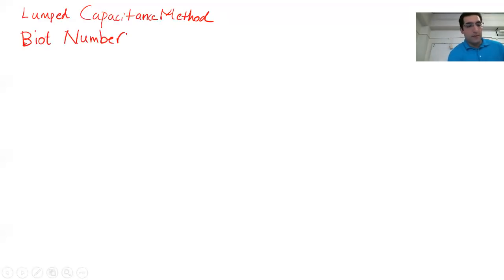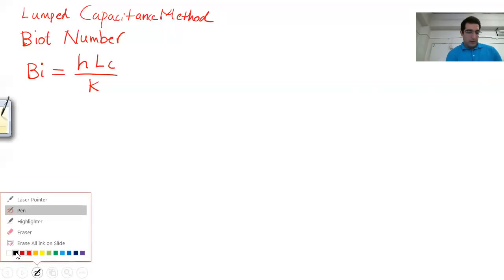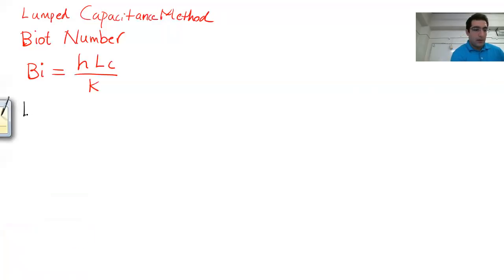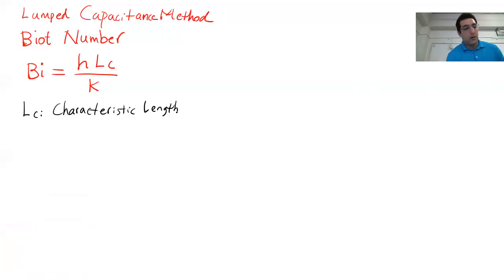So the Biot number, which we show as Bi, is defined as h, heat transfer coefficient, times Lc, a characteristic length, divided by thermal conductivity, k. So in this definition, L sub c is the characteristic length. We're going to talk about it more later.